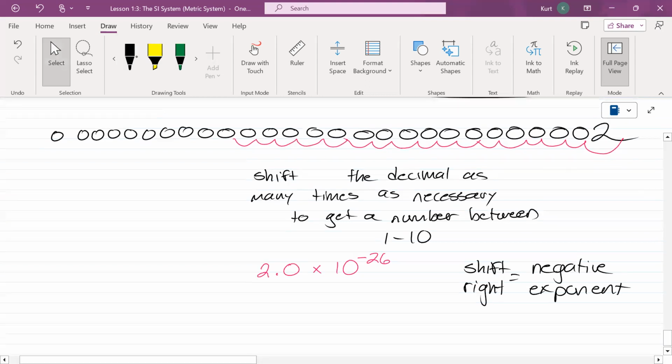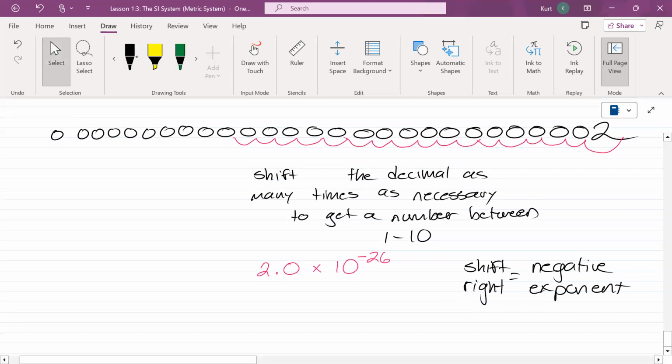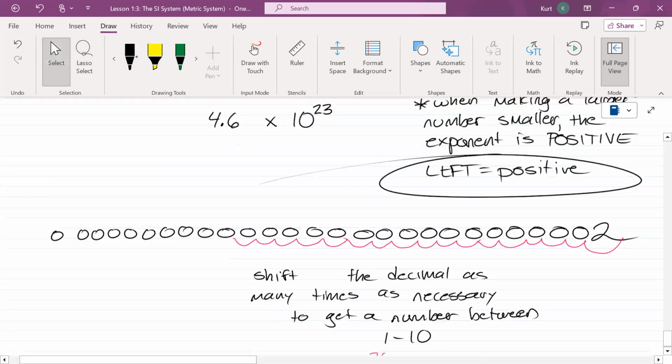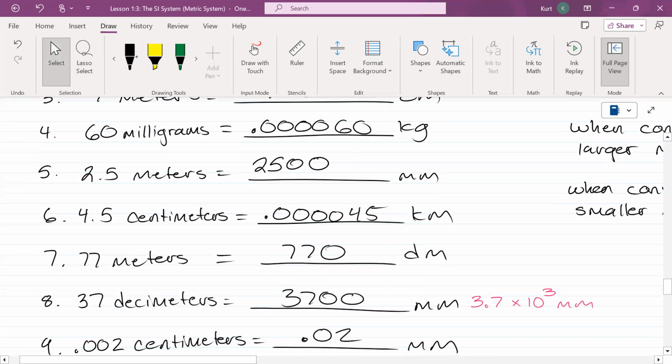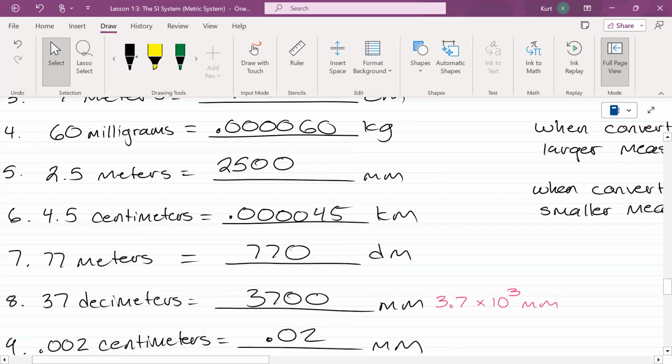So let's do one that's a bit easier. Look at your worksheet. Varun, can you place number 6 into scientific notation, please? One, 2, 3, 4. That would give us 0.4 times 10 to the negative 5.